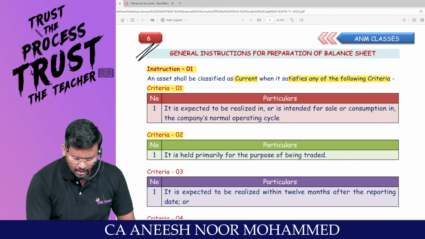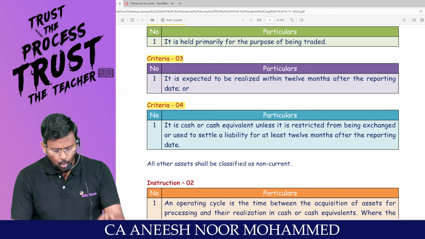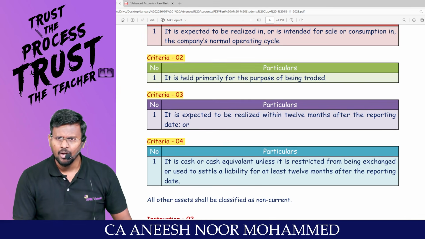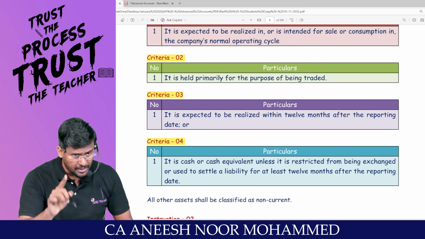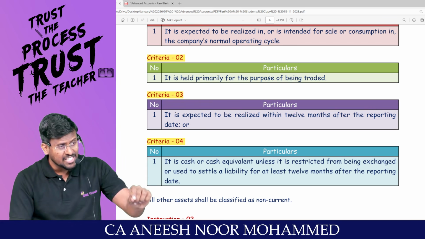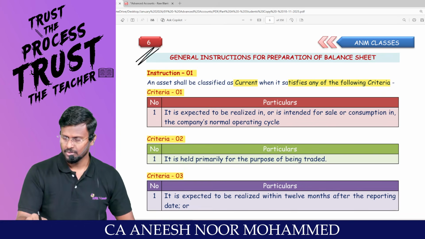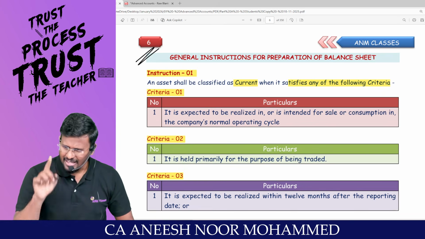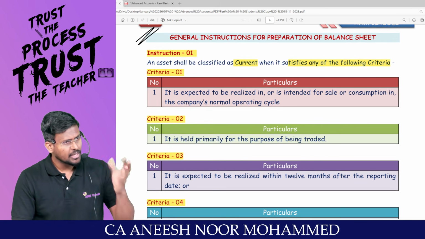Criteria number 1, 2, 3, 4. Out of this, how many criteria? 4 criteria. If any one criteria has been satisfied, don't classify it as non-current. Classify it as current. Current means, sir, any asset having a life of less than 12 months.